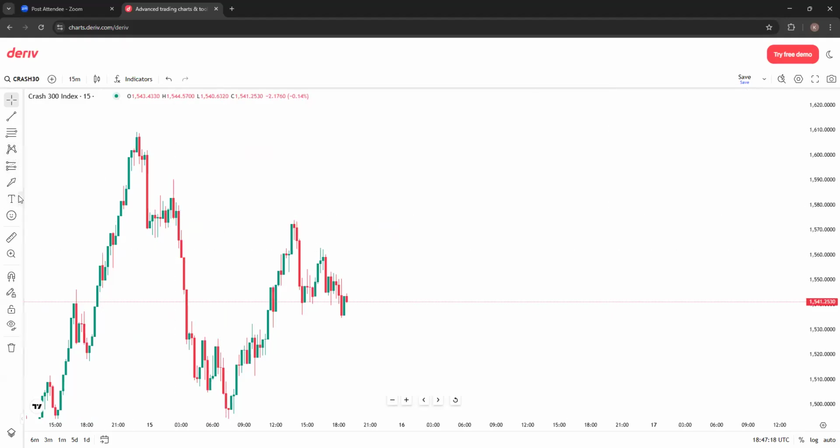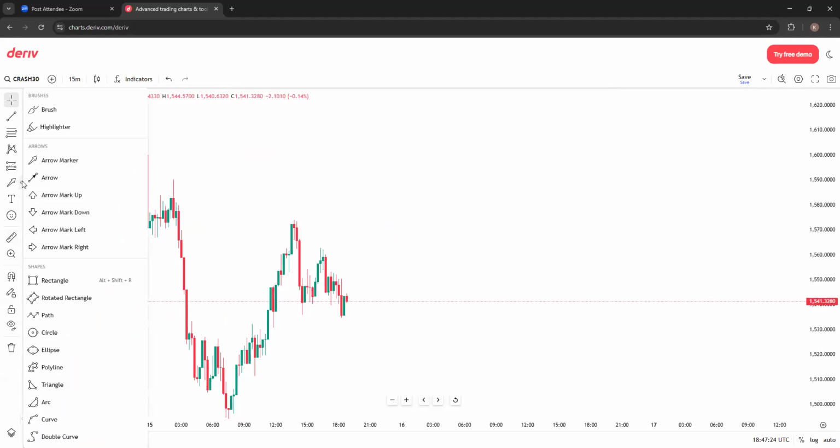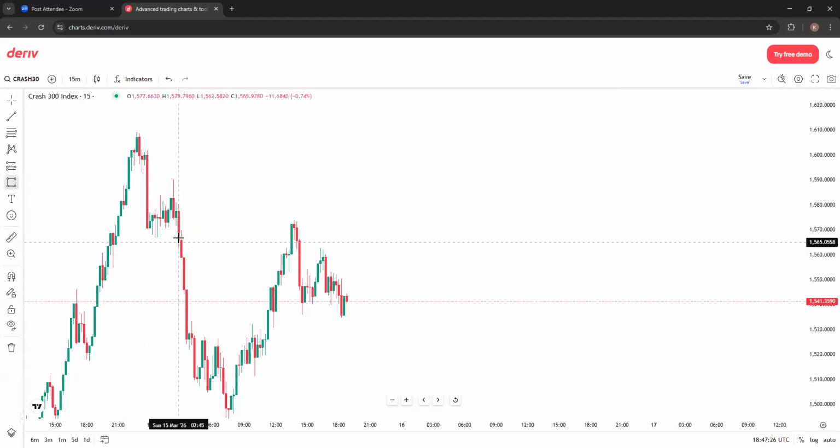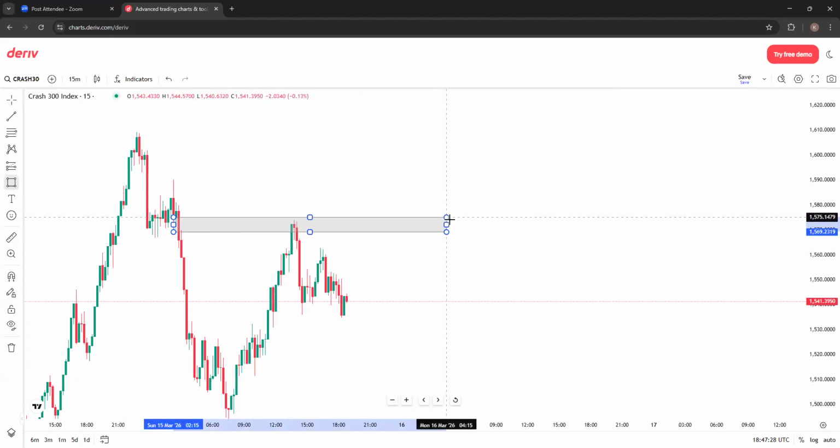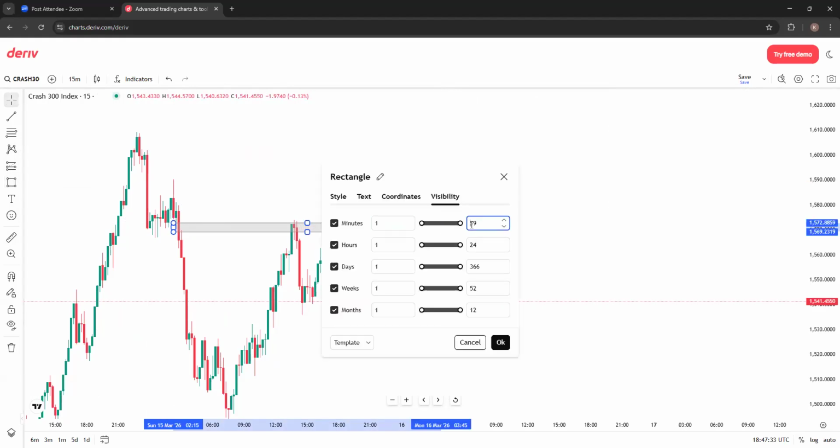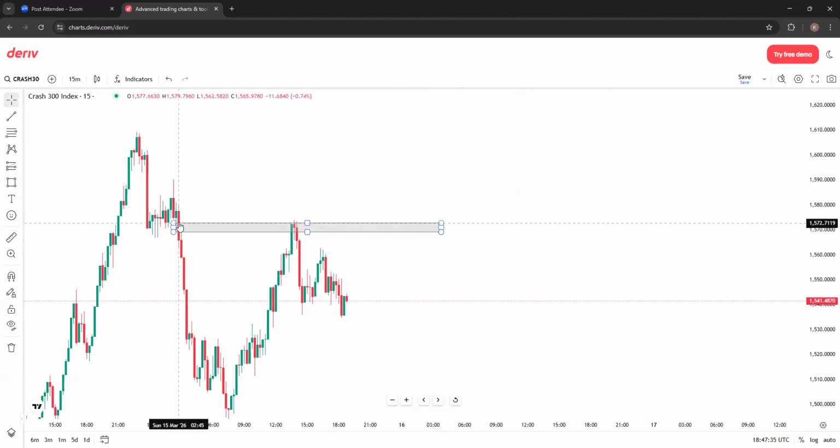What we see here is we do have an immediate one, but I'll try to show you from the ones that existed already. This was a fair value gap in M15. Can you see it? This over here. Yes, this is a fair value gap in M15.